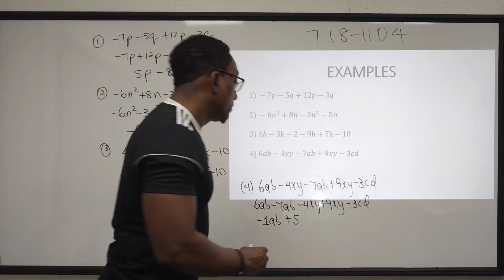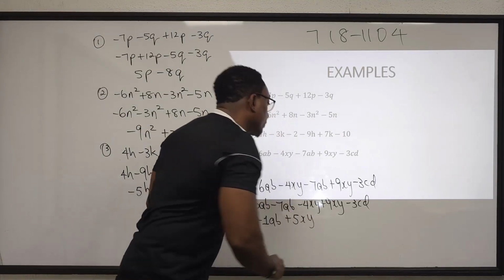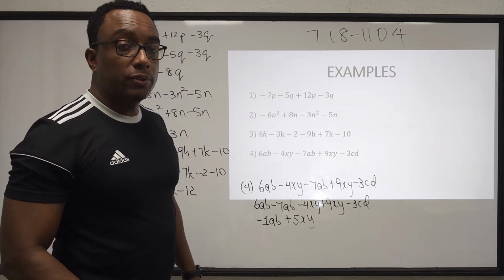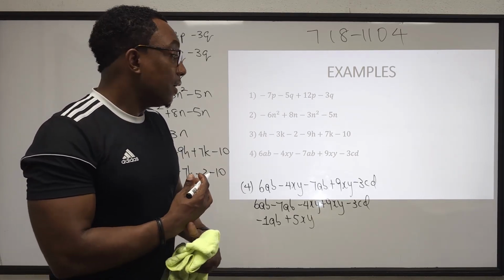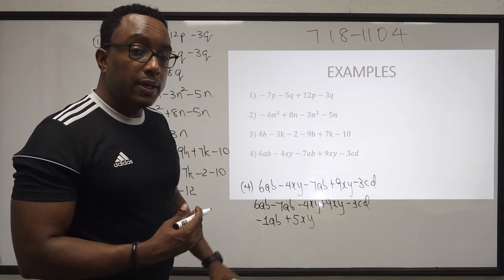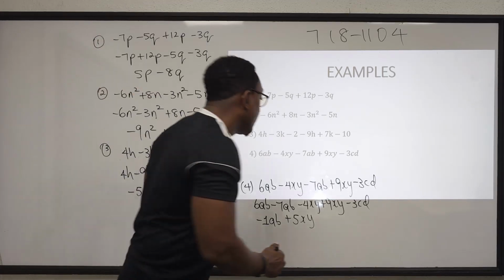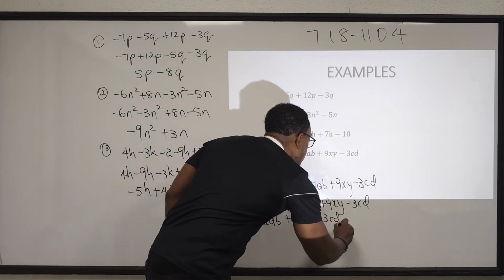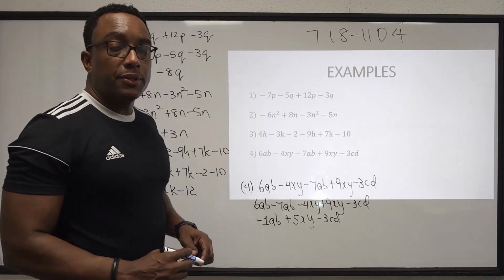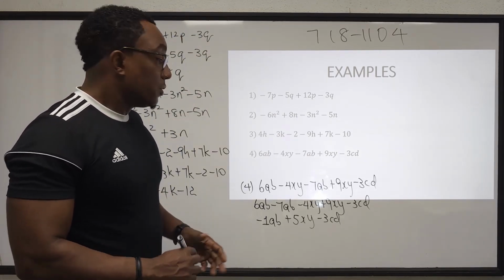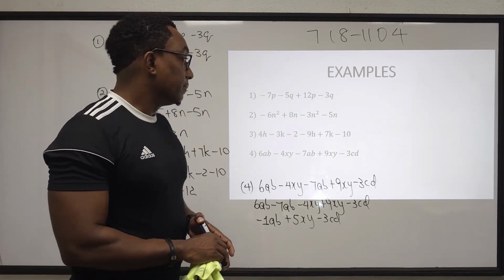In this case, it's going to be x and y. And of course, negative 3cd will stand alone, but also will be included as part of your results. You have negative 3cd. And at this point, nothing else can be done, so this remains as your answer.